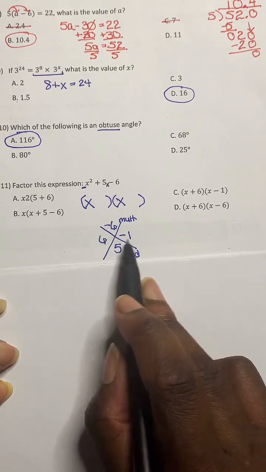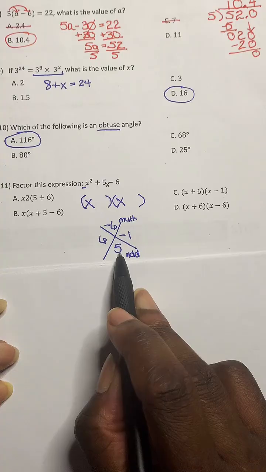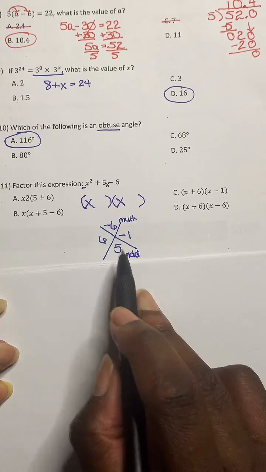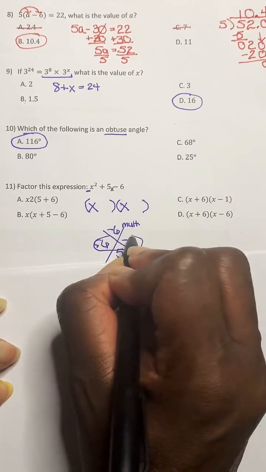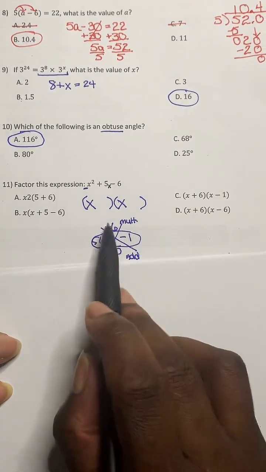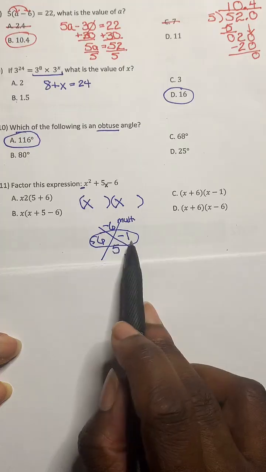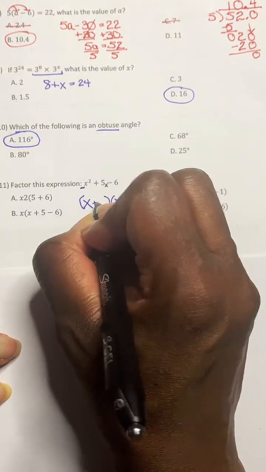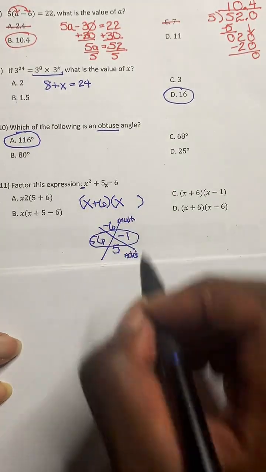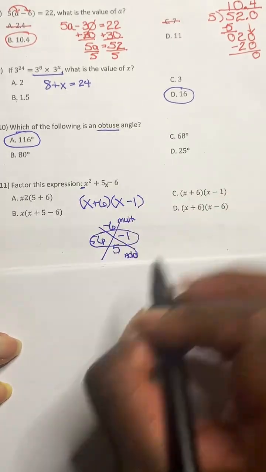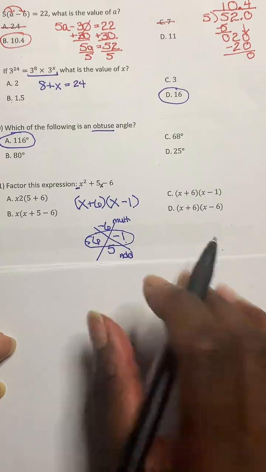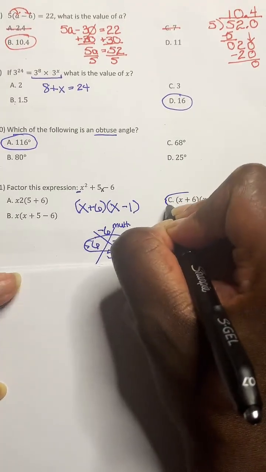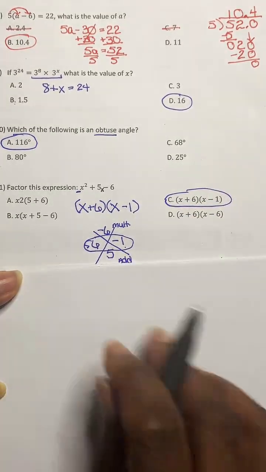I have $6, I spent $1, that means I have $5 left over. These two numbers that we found, I'm going to put in with their signs. So it's a plus 6 because it's a plus 6, and a minus 1 because it's a minus 1. So this gave us the answer of C.